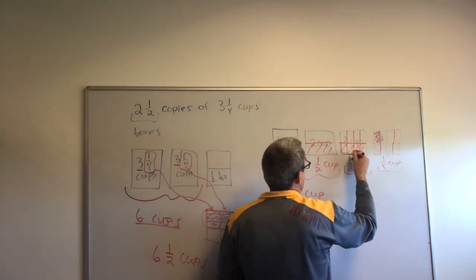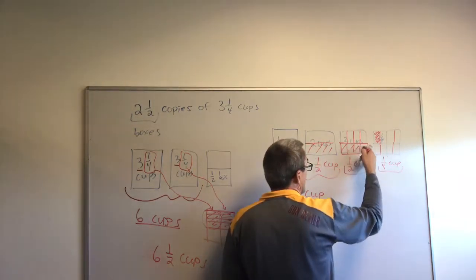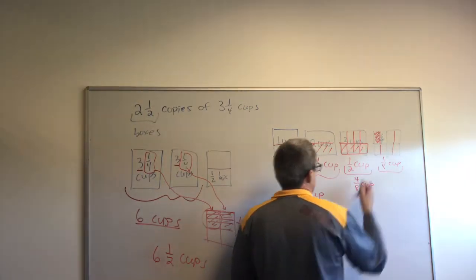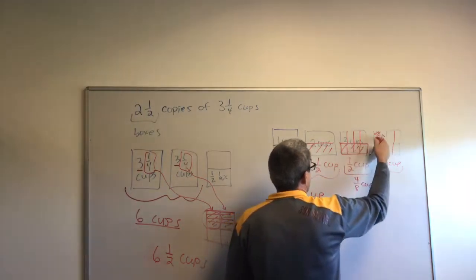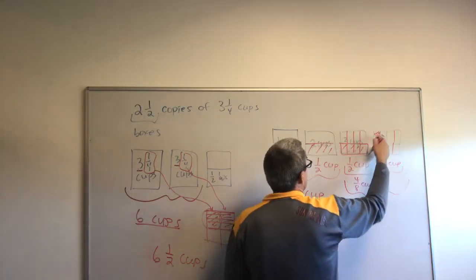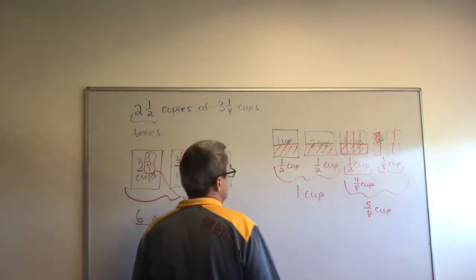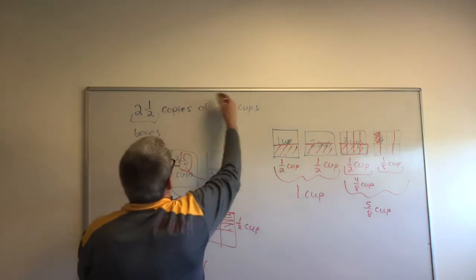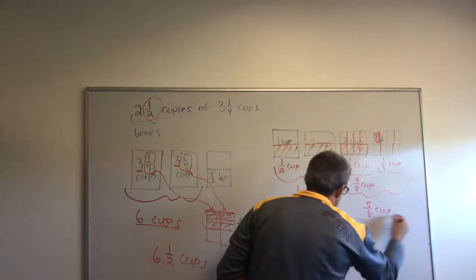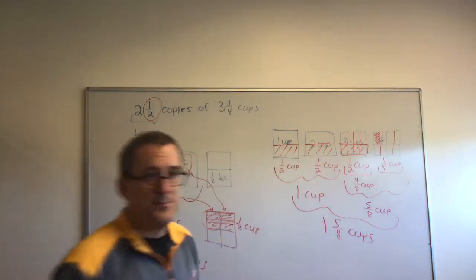Can you see that this 1/2 of a cup that we had is the same thing as 1, 2, 3, 4 eighths? So really what I have here is 1, 2, 3, 4, 5 eighths. When I put these together, I have 5 eighths of a cup. So that half of a box that I ate would be 1 5/8 cups of crackers.